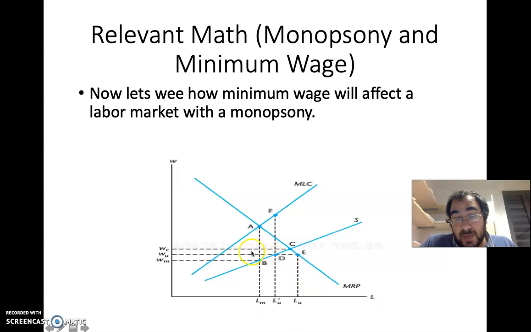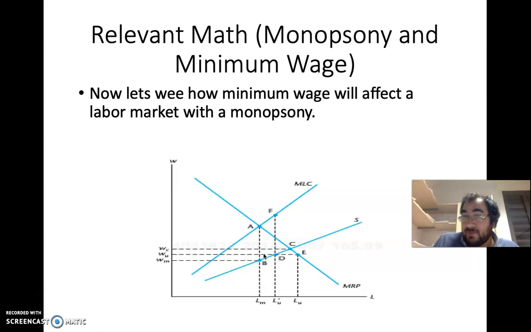Now, when we are at LM, for example, we could attract one more worker with a smaller wage, but we have to pay this new worker WU because we are forced to do that.